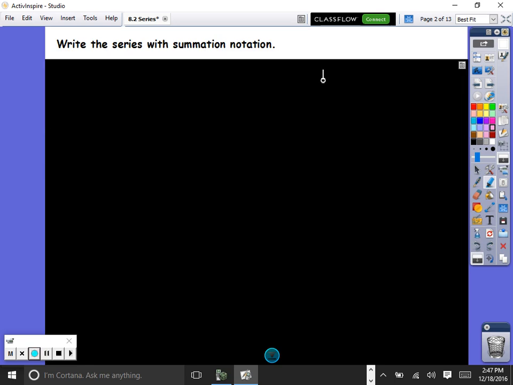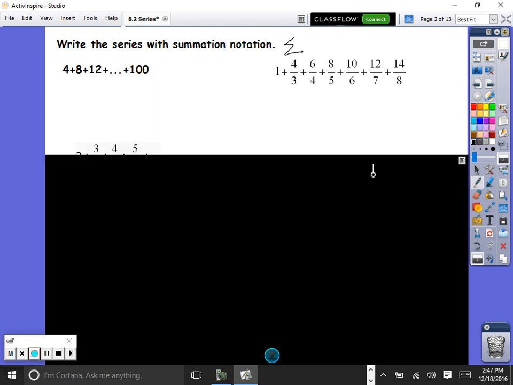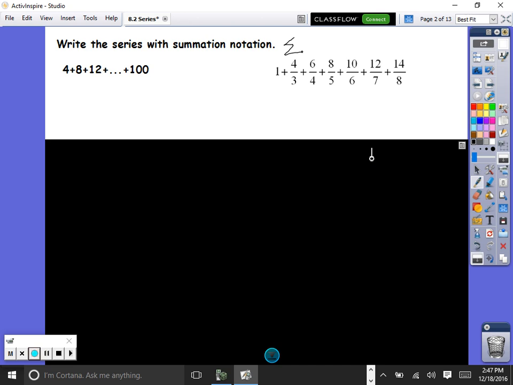It says, write your series with summation notation. That means using our capital sigma. So I have 4 plus 8 plus 12 plus etc. to 100.